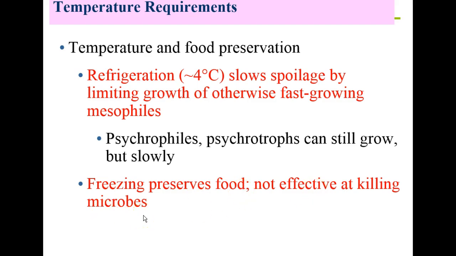Freezing may slow down or stop the growth of an organism. However, as soon as the temperature rises again, the organism will come back to being metabolically active. Low temperatures seldom kill organisms. Low temperatures slow down the growth of the organism.